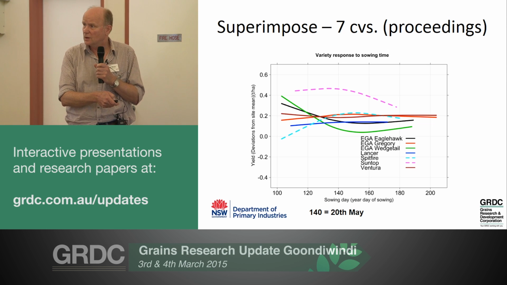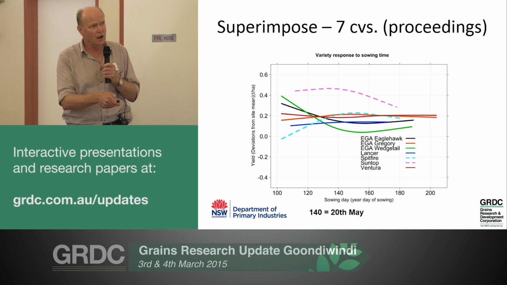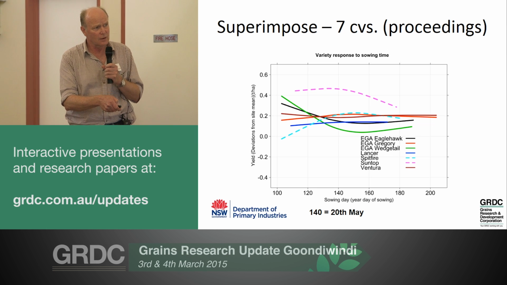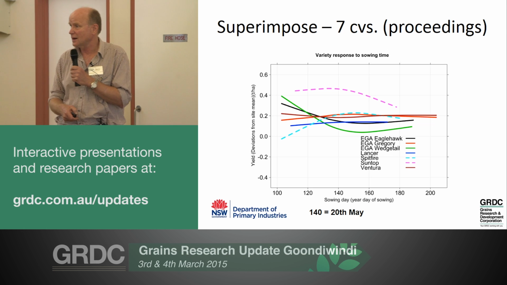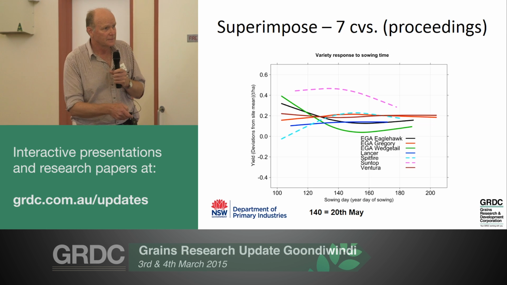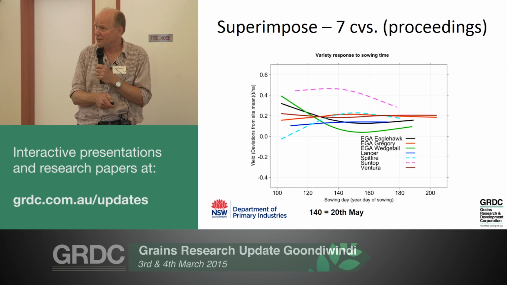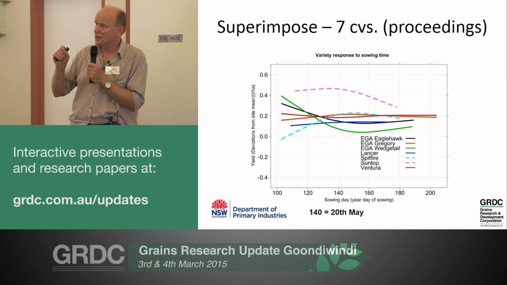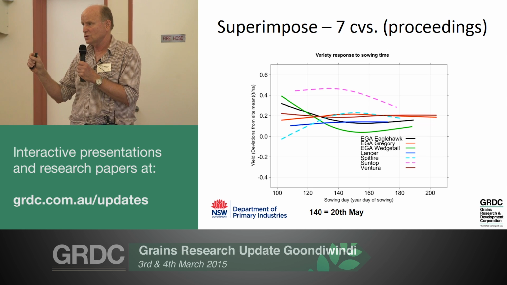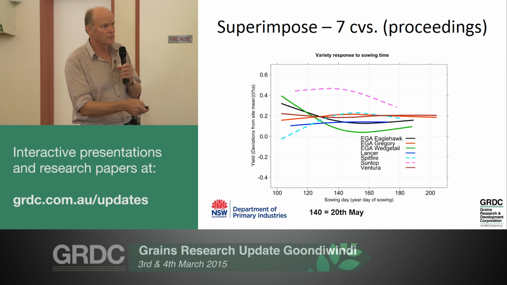Spitfire, early maturing spring variety, its yields decline after about year day 130, which happens to be about the 10th of May. So there's a lot of action happening here at about the 10th of May, and that's about the time when you would traditionally have shifted from the late maturing variety to the early maturing variety.